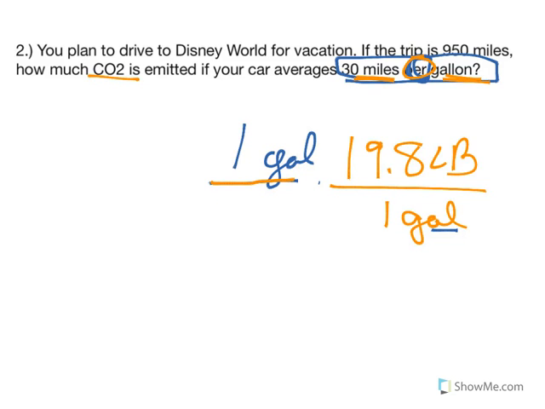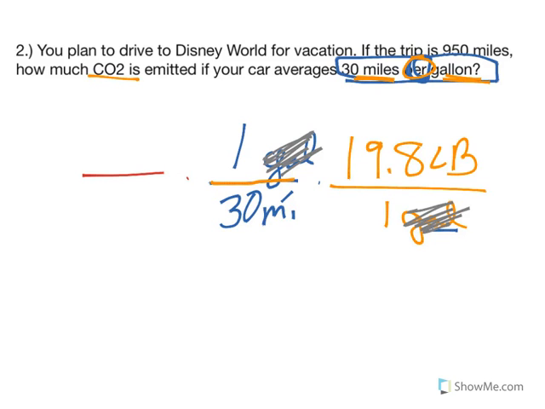So that means 1 gallon is 30 miles because that's the conversion that I had in my statement. So that right there makes my gallons go away. Well, now I have pounds on the top and miles on the bottom. I don't want miles on the bottom because the question says how much CO2.